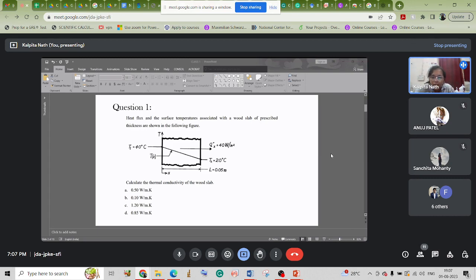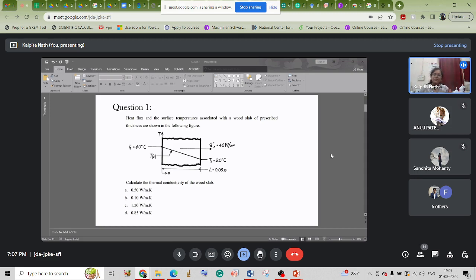So, there is a slab where on one surface the temperature is 40 degrees Celsius, and on another surface the temperature is 20 degrees Celsius. It's clearly indicated in the diagram itself. So we can see that the heat flux is given as 40 watt per meter square, right?